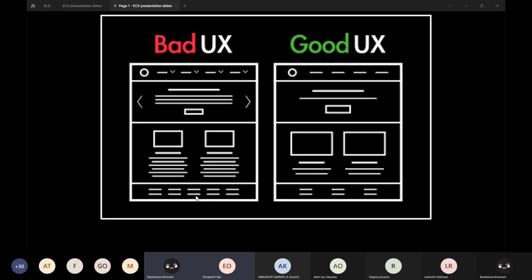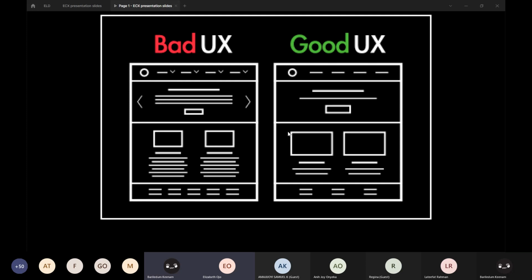If you come on a website that looks like this, you will leave very early. You will never read anything on the website because it's cluttering you with information that you might need but cannot view at once. That's bad user experience. It puts you in a loop of trying to absorb as much as you can in a small amount of time, and then you end up not getting anything out of the website completely.